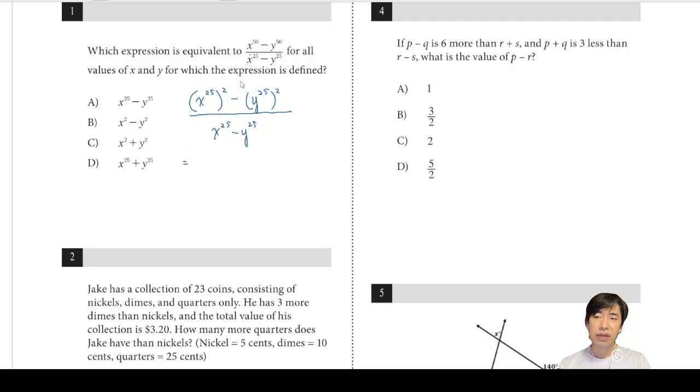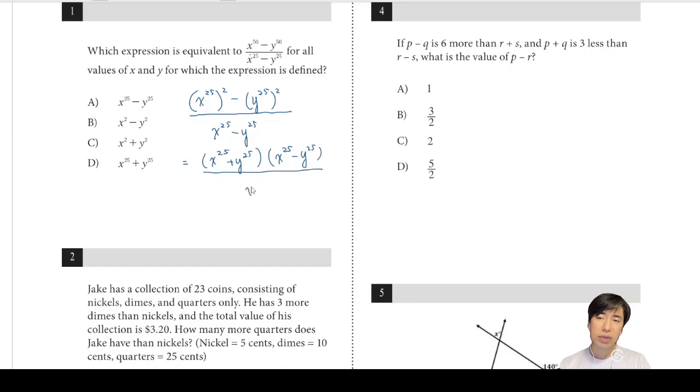This is a difference of squares, so that is factored as x to the 25th power plus y to the 25th power times x to the 25th minus y to the 25th.